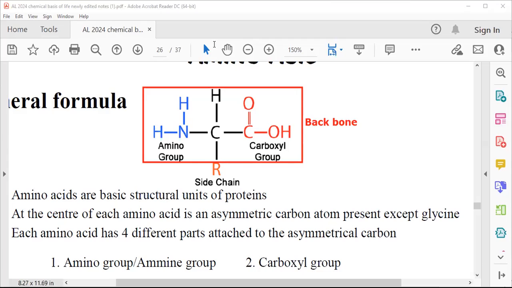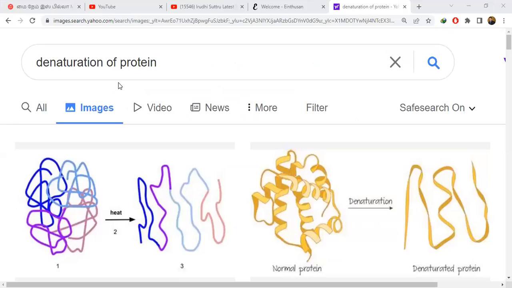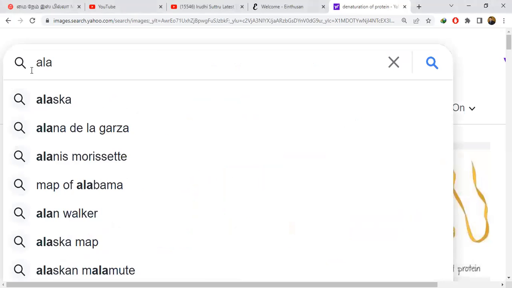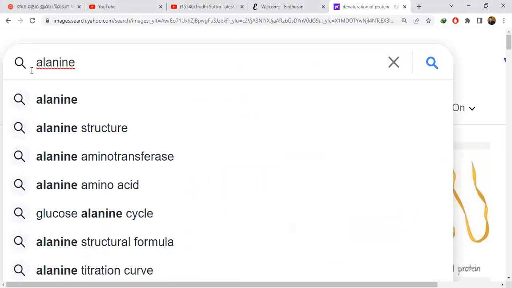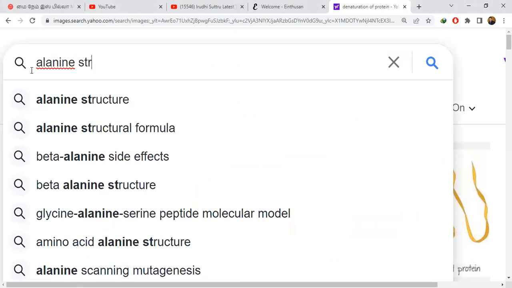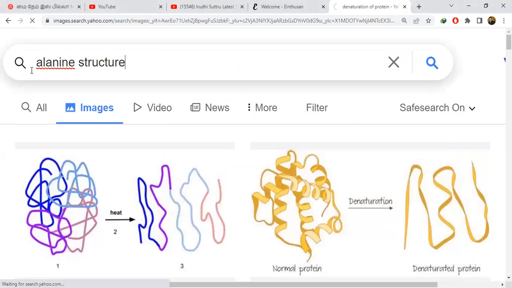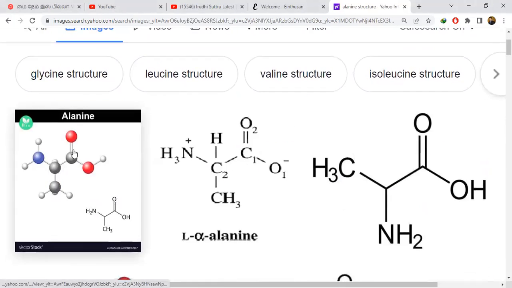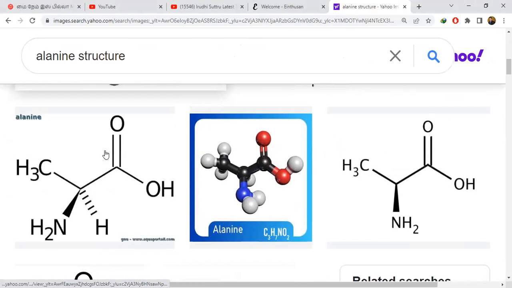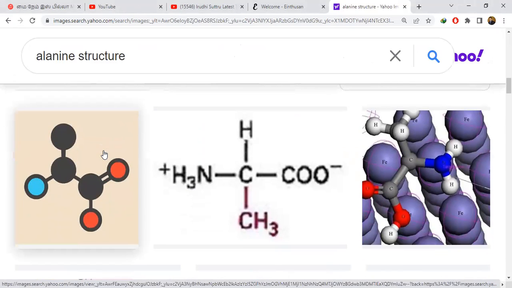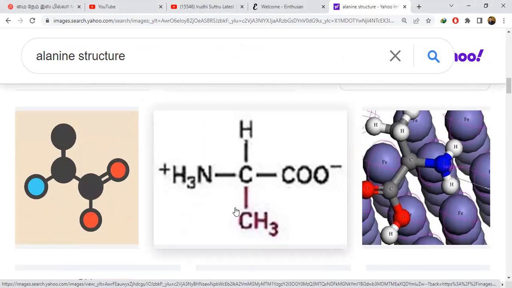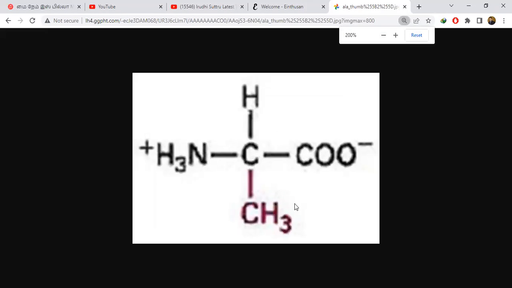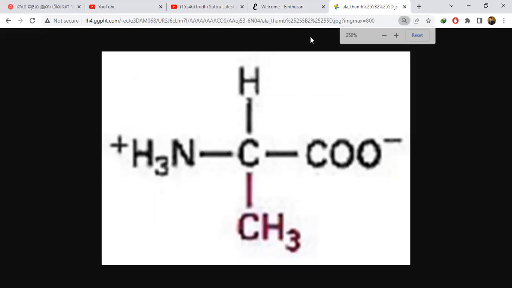Now, let me introduce you little by little to the components. Here I am choosing the alanine structure. Alanine is an amino acid. Can you see this amino acid?